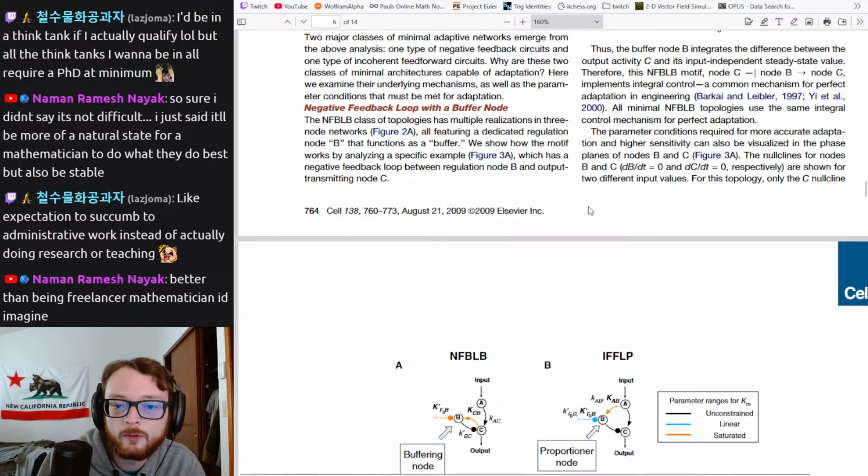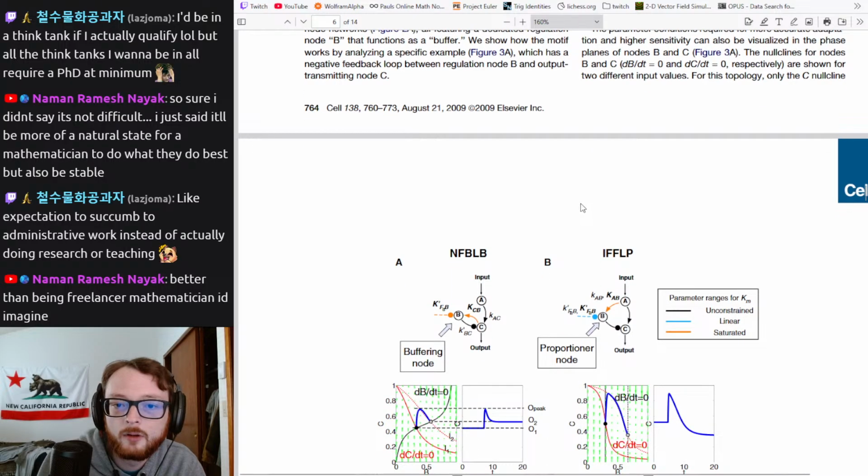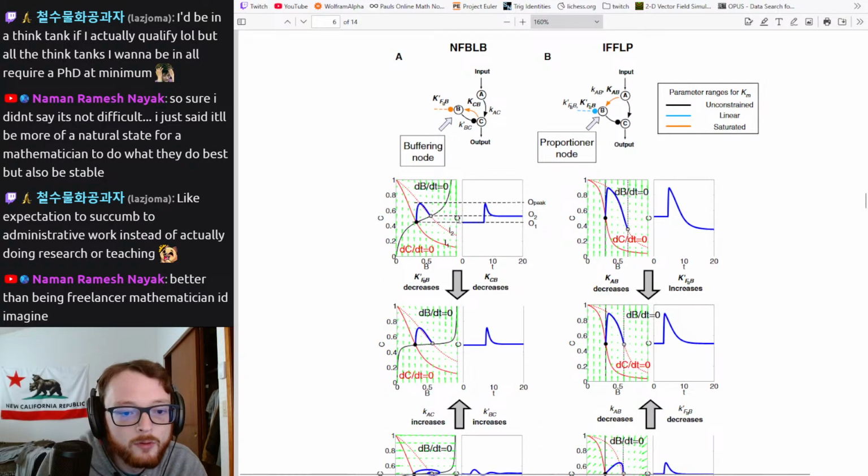The null clines for nodes B and C are shown for different input values. Ooh, there's a relationship between these two graphs? That's kind of sick. I don't know how to figure that out, though.